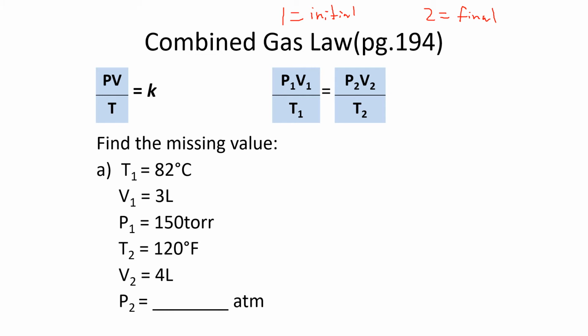Start with this equation: PV over T equals PV over T. Pressure times volume over temperature will equal pressure times volume over temperature. So if you change one variable, it'll change the other variables, right? Pressure and volume are inversely related.